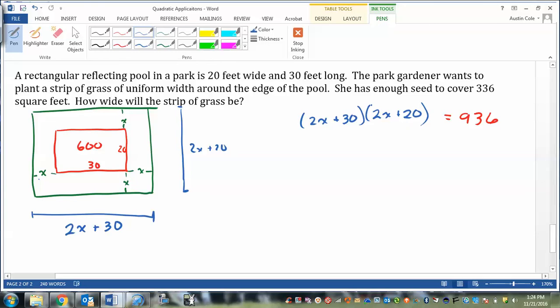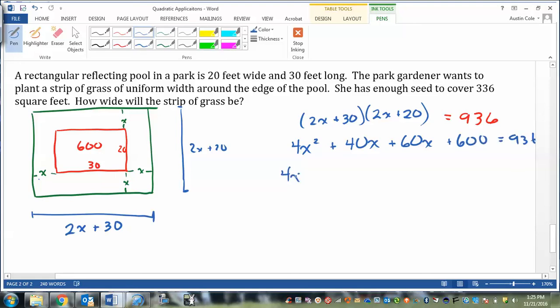So what we're going to do is FOIL all this together. We're going to move 936 over, and then we're going to try to factor or use the quadratic formula from there. So 2x times 2x is 4x squared. 2x times 20 is going to give me 40x. 30 times 2x is plus 60x. And then 30 times 20 is going to give me 600 equals 936.